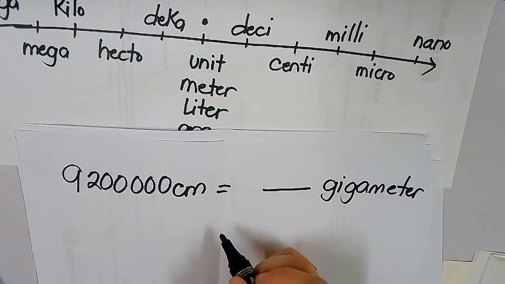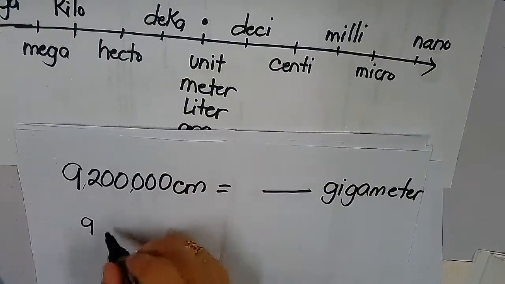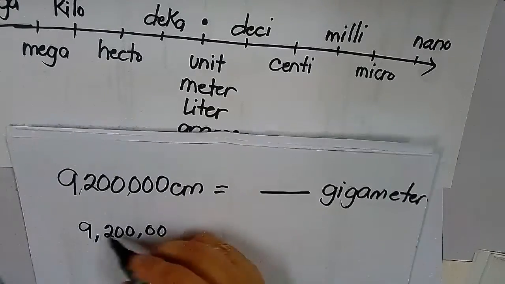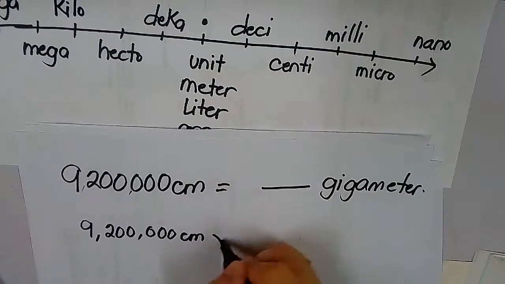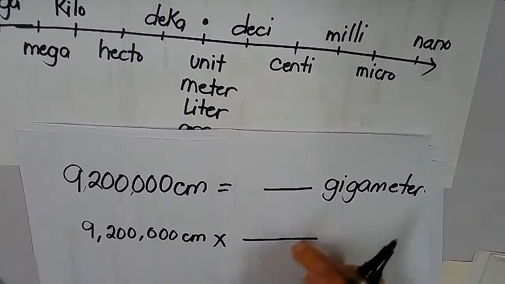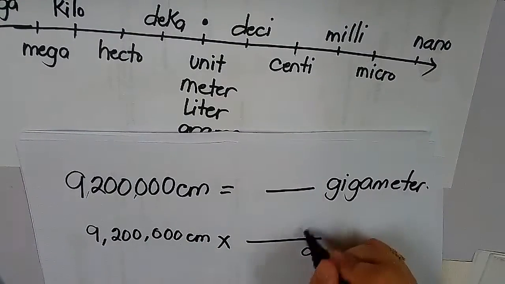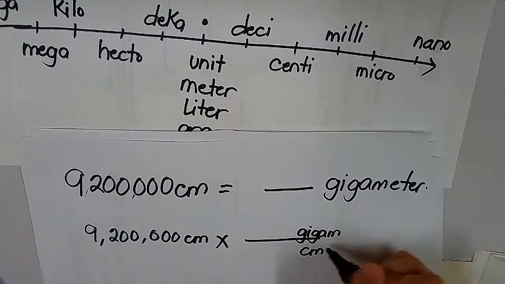So tingnan natin kung ilan. So 9,200,000 nga. Okay? Then, sino lalagay natin dito? Si centimeter. Ito naman ay si gigameter. Okay?